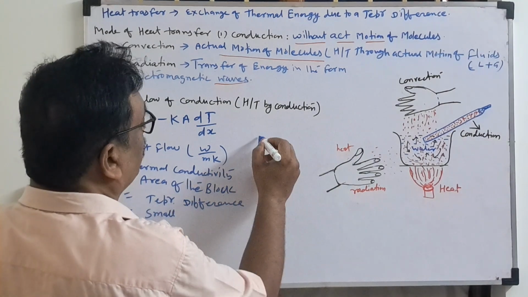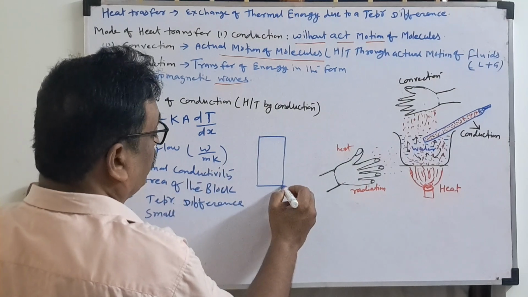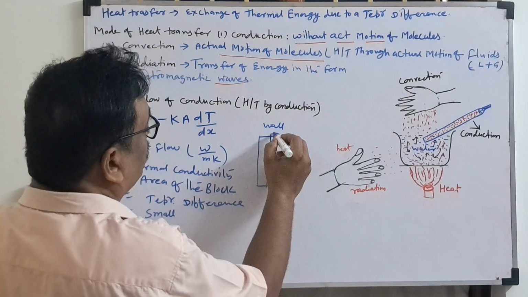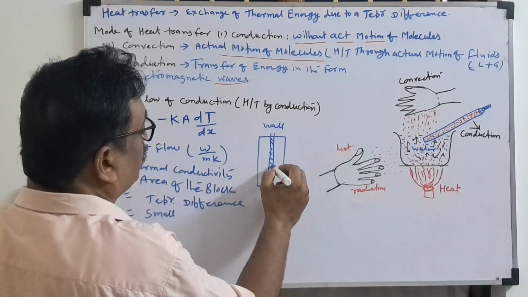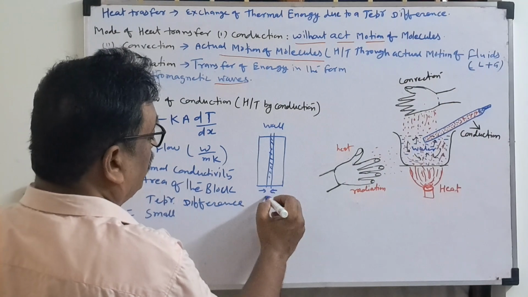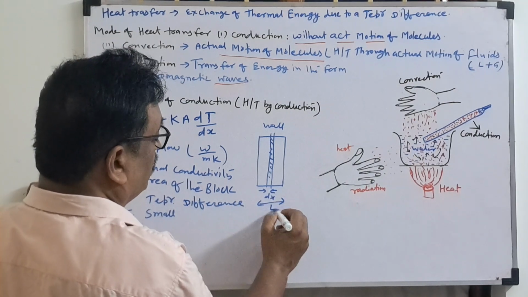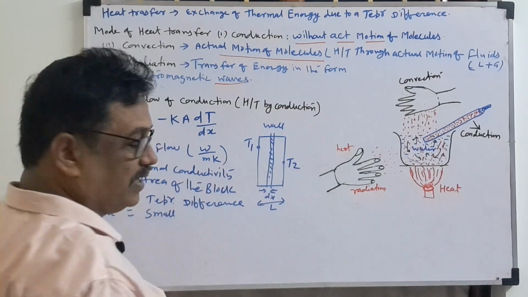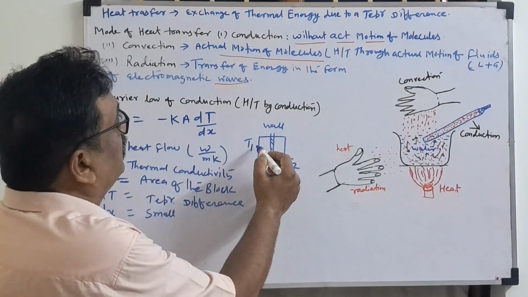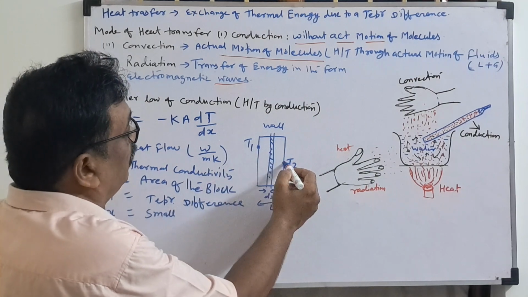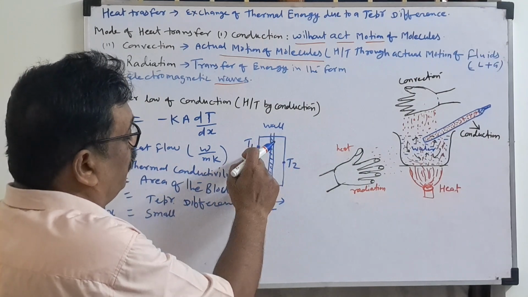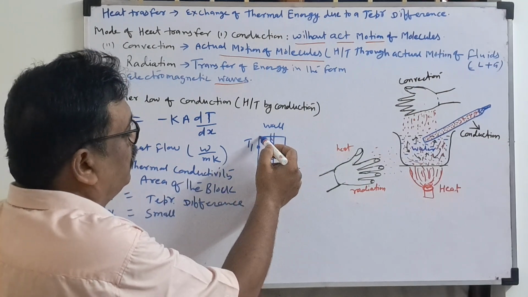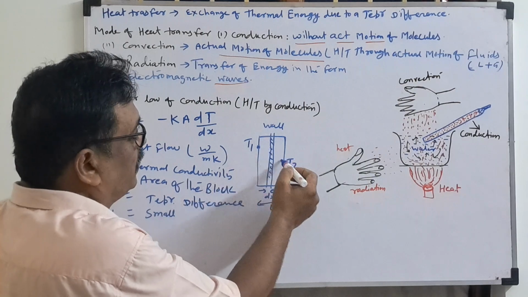That's why I'll draw one diagram. Suppose this is one wall. If we take a small strip, this thickness will be dx. The total thickness will be L. One side temperature will be T1, another side temperature will be T2. Once heat crosses the wall, temperature will decrease.